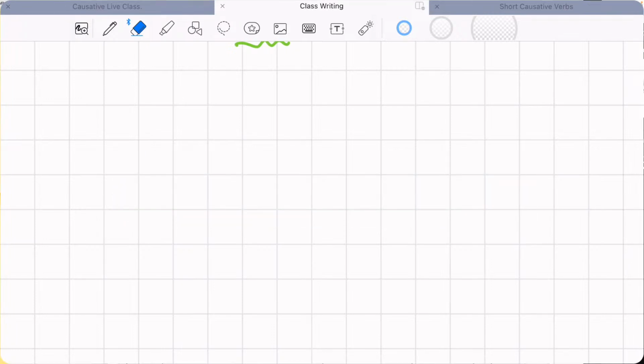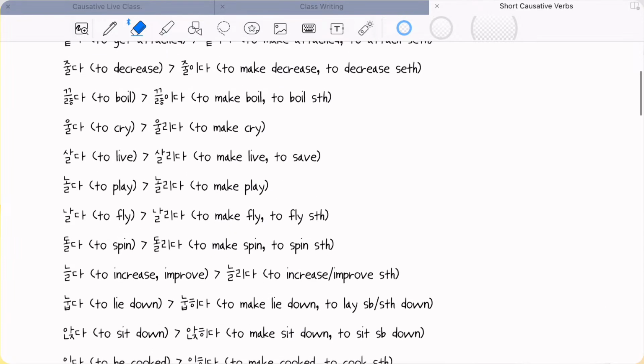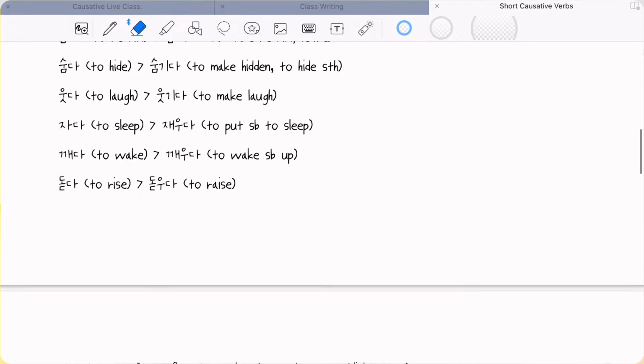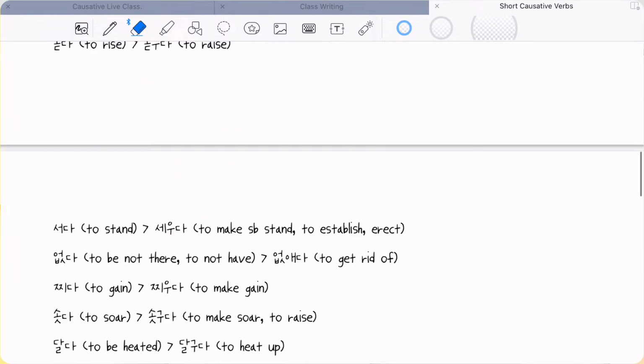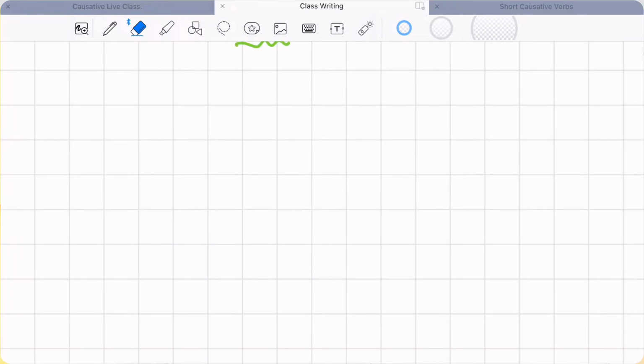그리고 또 다른 분들은 없나요? Any other learners who would like to share their sentences that you made using one of the causative verbs, short causative verbs? 없나요, 여러분? 없어요? 어떡해. 그러면은 빨리 끝내야 되는데.